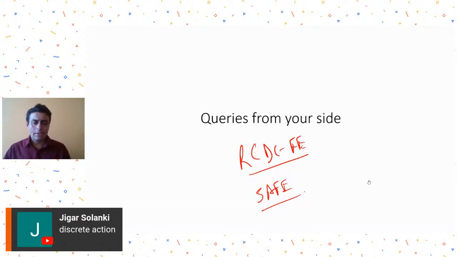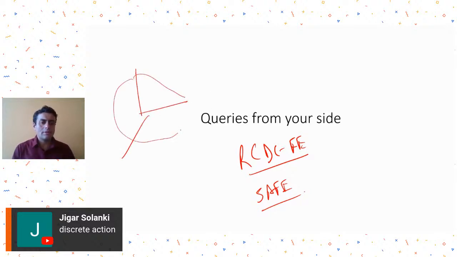Mr. Jigar is saying discrete action. Yeah, RCDC uses the discrete moment approach, which is the same as the approach given in the code. Basically, what is the meaning of discrete moment approach? We have a three-dimensional interaction surface, isn't it? Those who are aware of the interaction curve know we have a three-dimensional interaction surface.